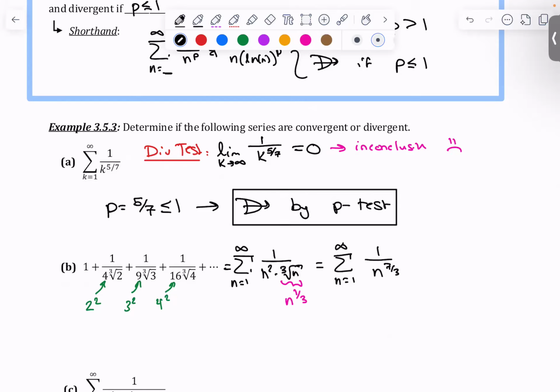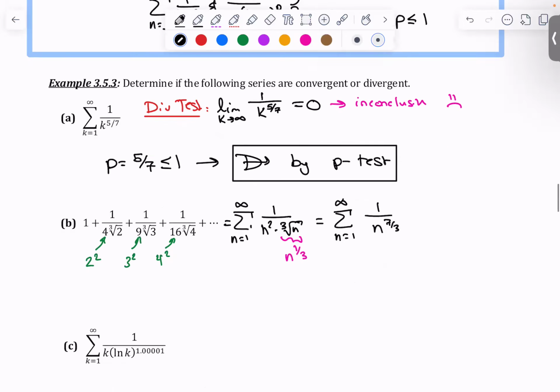Because n squared is n to the 6/3, so n to the 6/3 times n to the 1/3, you add the exponents, you get 7/3. So convergent or divergent? The p-value is 7/3, which is strictly larger than 1. So convergent by p-test.